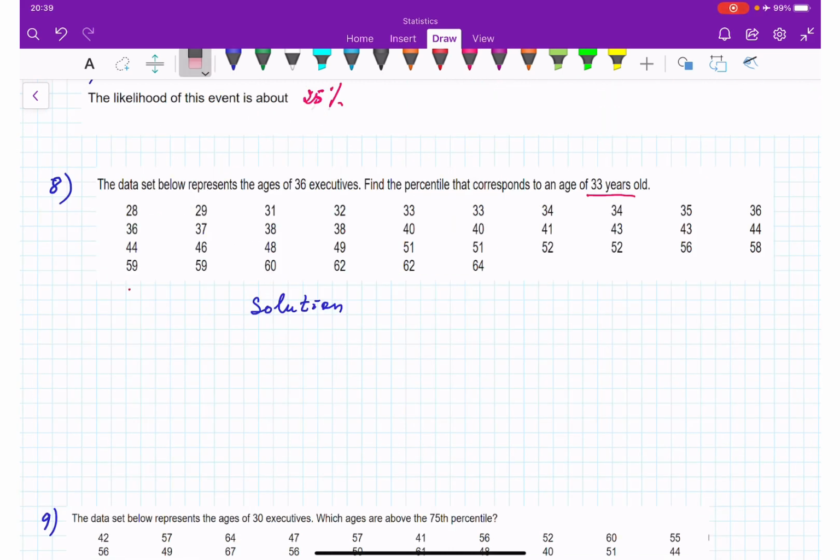Okay, question number 8. The data set below represents the ages of 36 executives. So we have a total of 36 executives. Find the percentile that corresponds to an age of 33.